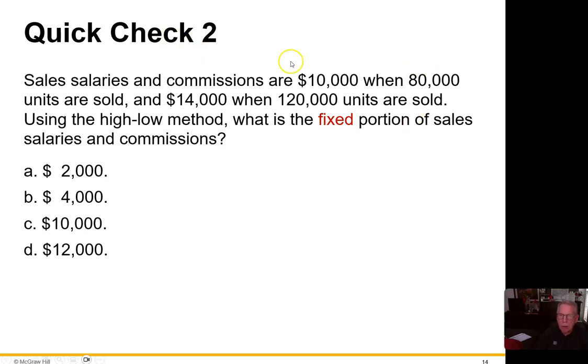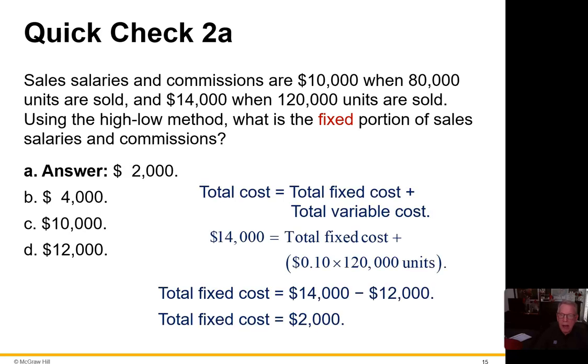So, same situation exactly here. What is the fixed portion of sales in this particular case? We've already calculated that our total cost is $14,000 at the high. The total fixed cost is what we're solving for.